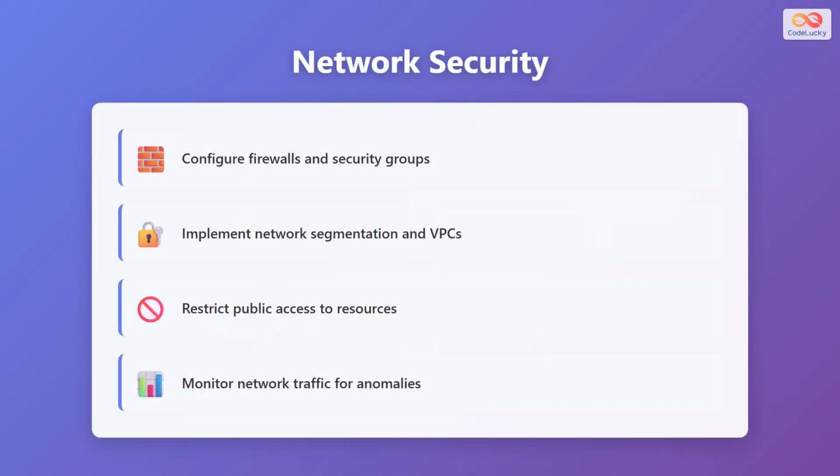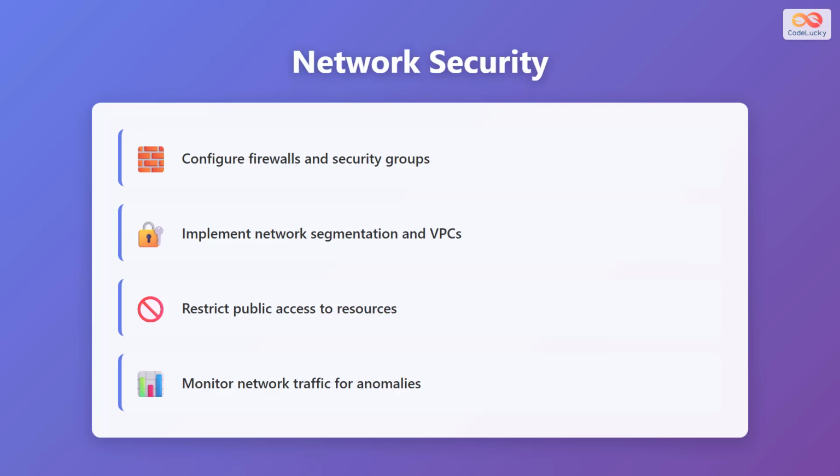Network security forms a protective barrier around your cloud resources. Start by configuring firewalls and security groups, which act as virtual barriers that control incoming and outgoing traffic based on predefined security rules. Implement network segmentation and virtual private clouds, or VPCs, to isolate different parts of your infrastructure and contain potential security breaches.